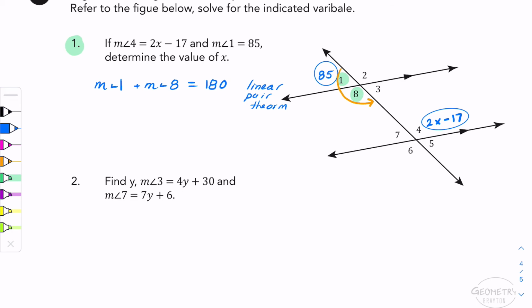I know that the measure of angle 1 is specifically 85. 85 plus the measure of angle 8 is equal to 180. Subtract 85 from both sides, and the measure of angle 8 is equal to 95 degrees.